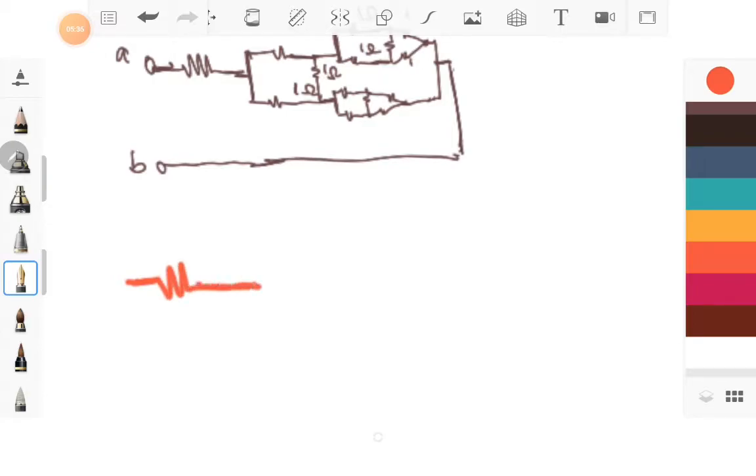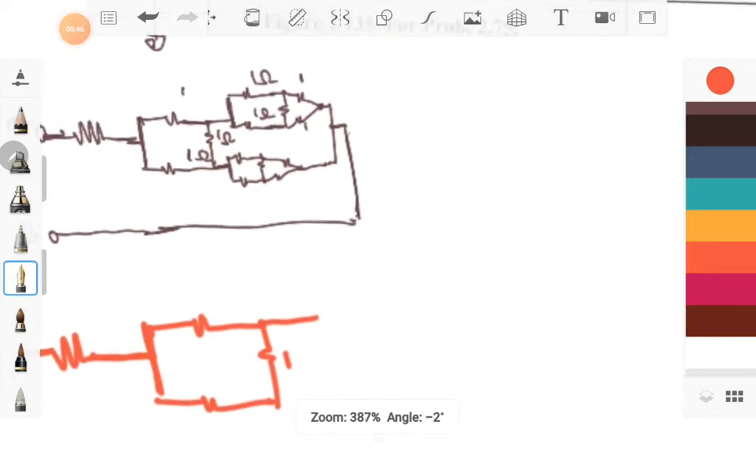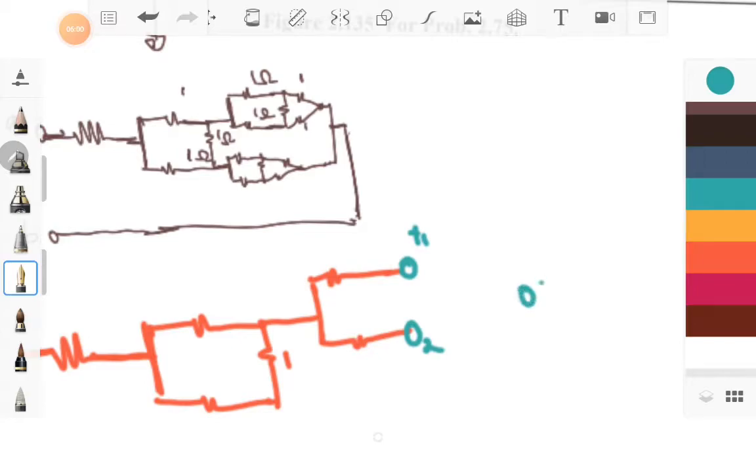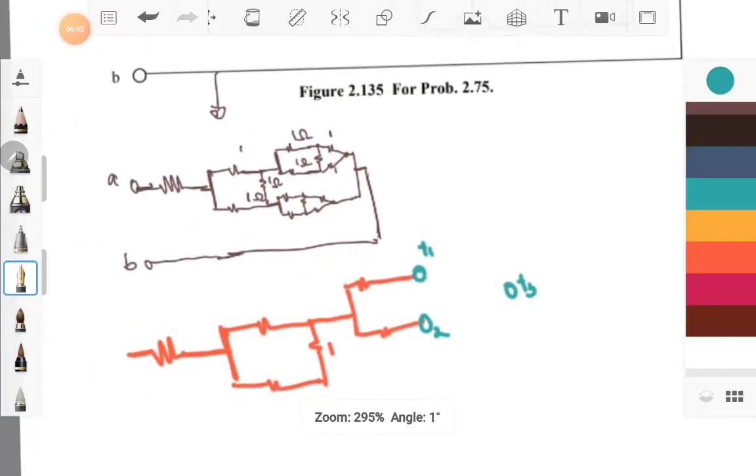This will be our R1, which is also equal to 1 ohm. I will isolate that one. Okay? So this will be our terminal 1, terminal 2, or terminal 3. Okay?